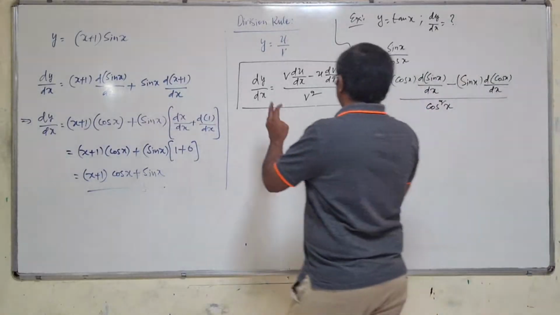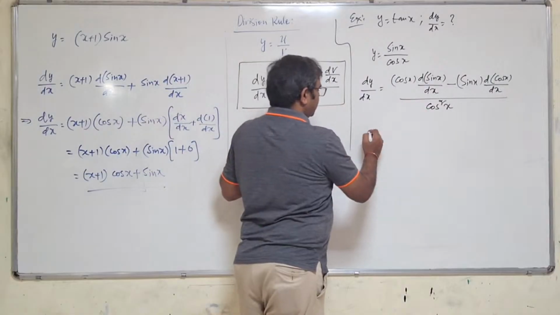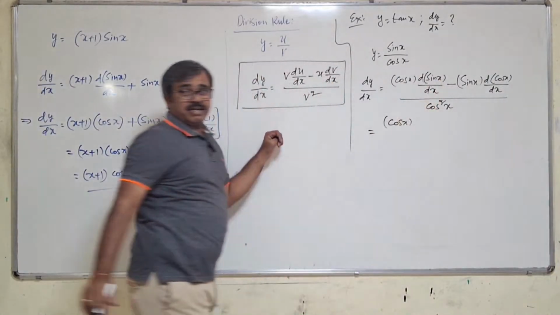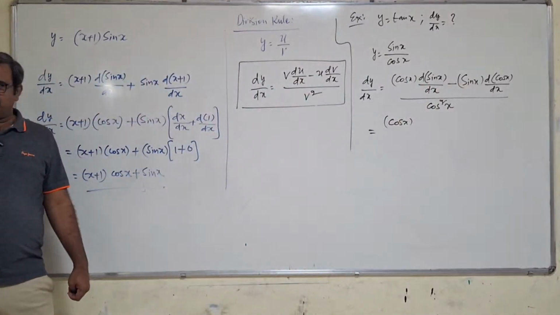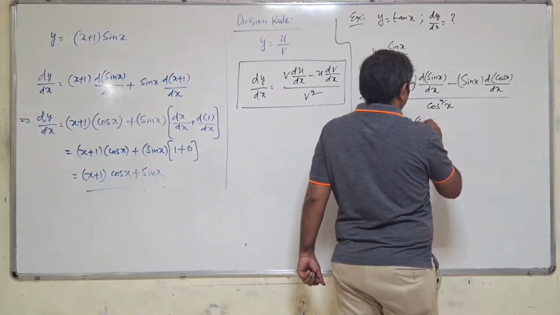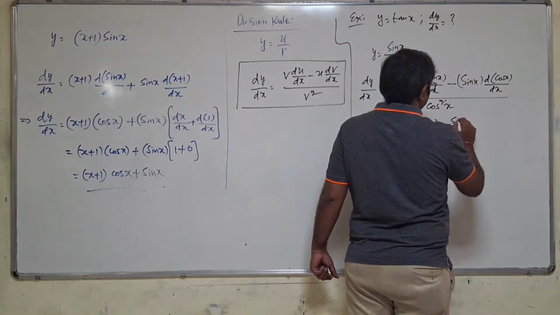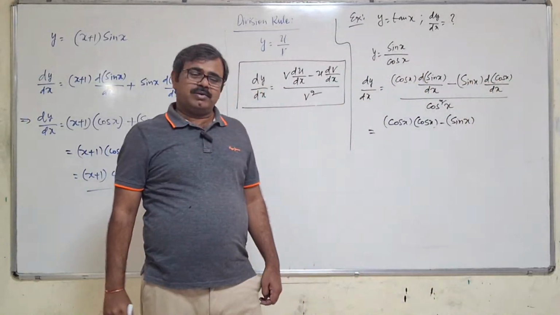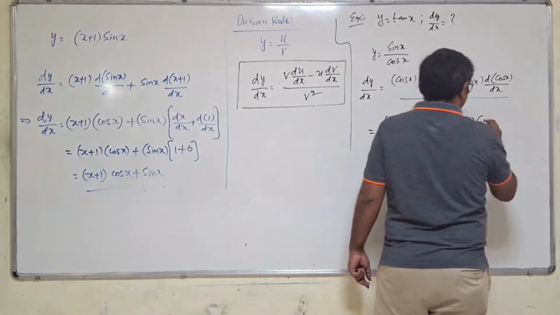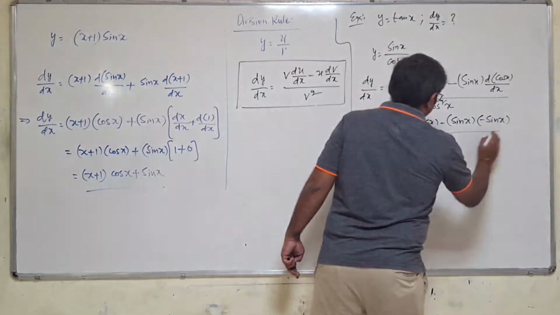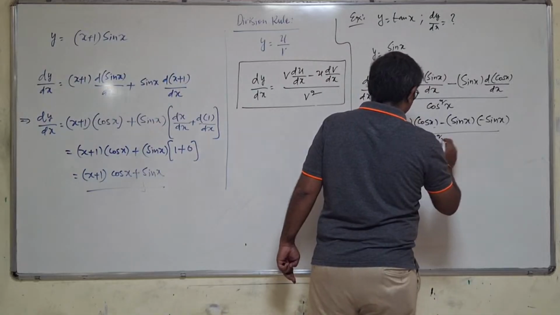What did I do? I just applied this rule here. That's all I did. So cos x into, what is d sin x by dx? D sin x by dx is cos x. Minus sin x into, what is d cos x by dx? Minus sin x. Good. And in the denominator we have cos square x.